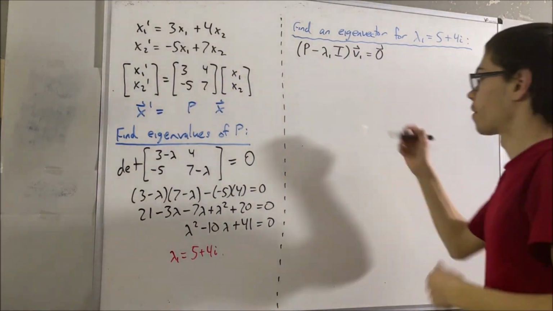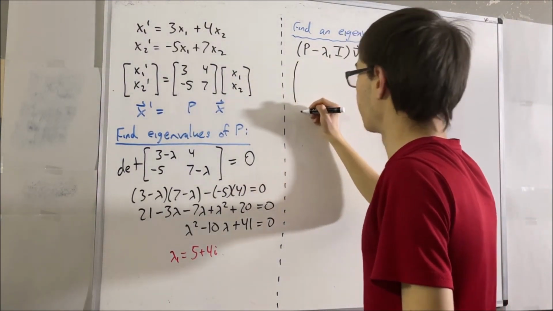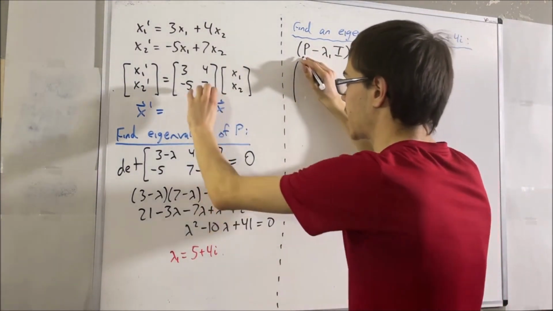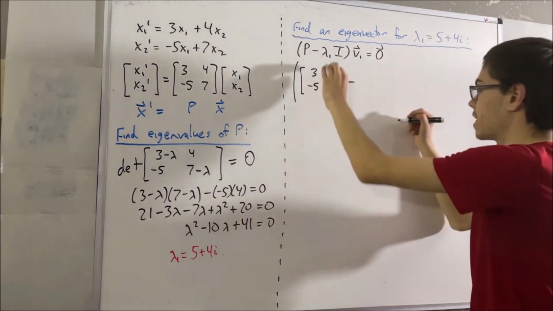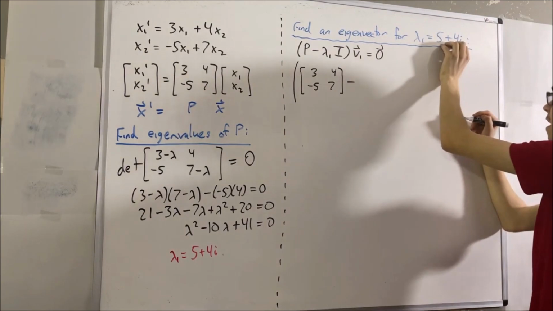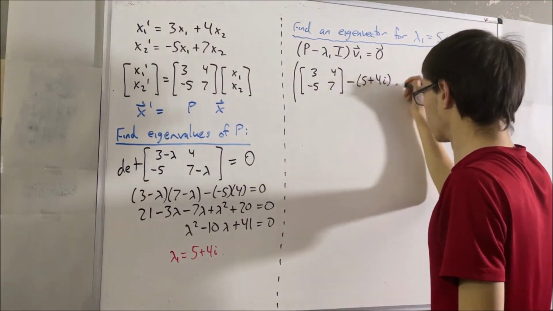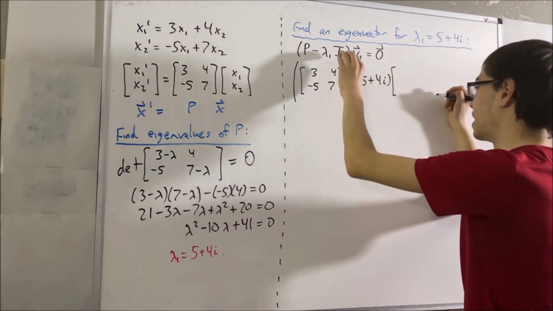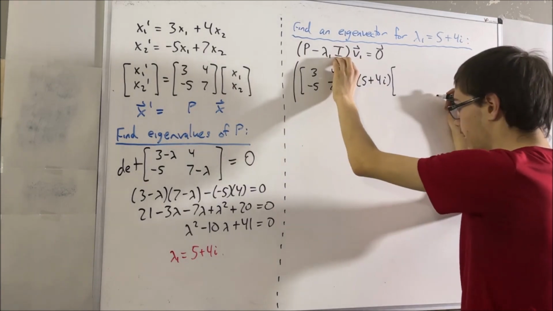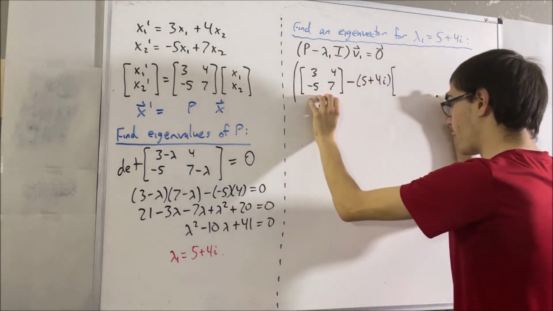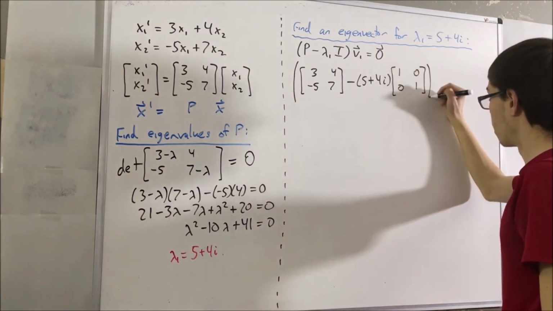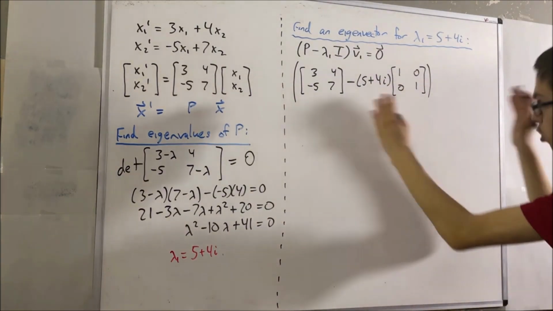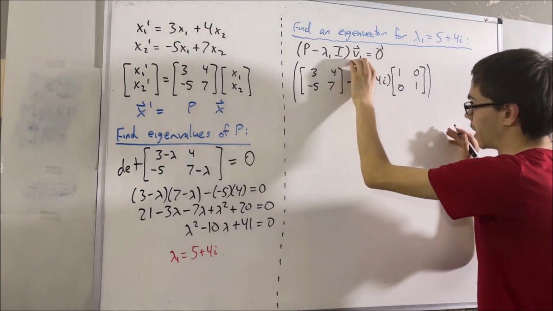So, substituting in the things that we know, matrix P is the same matrix that we've been dealing with, and we're subtracting our eigenvalue, which in this case is 5 plus 4i, times the identity matrix. In this case, since our matrix here is 2 by 2, we're going to be using the 2 by 2 identity matrix. And so this thing is multiplied by our eigenvector.